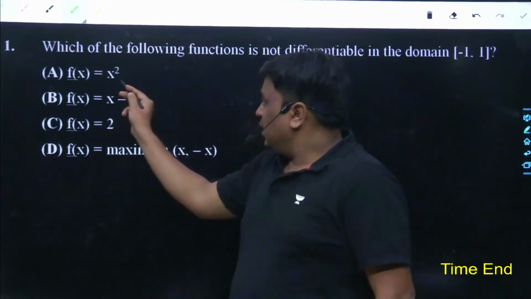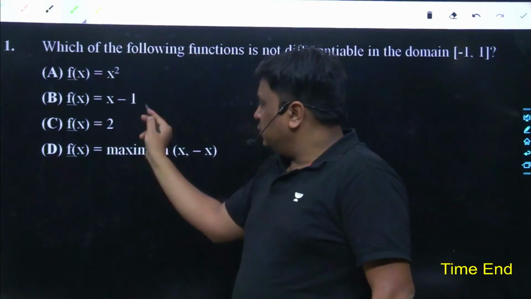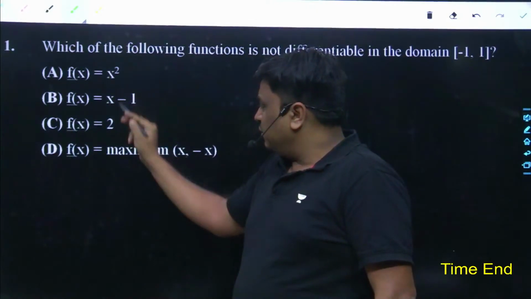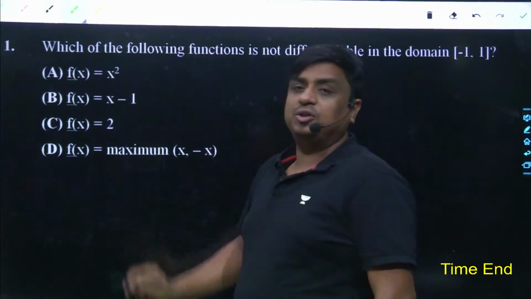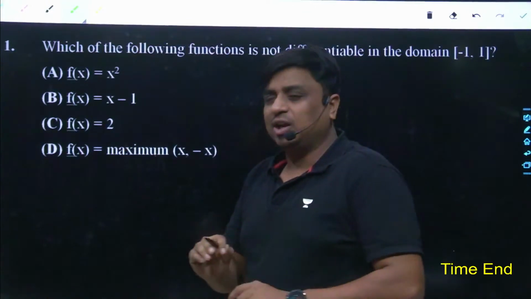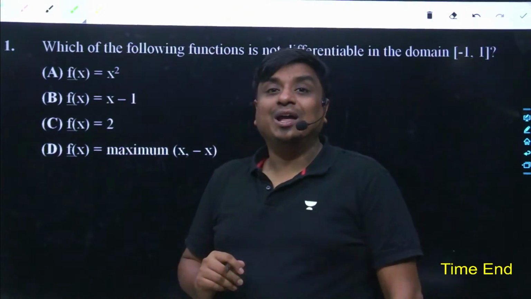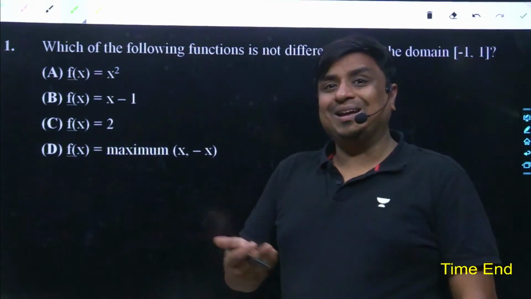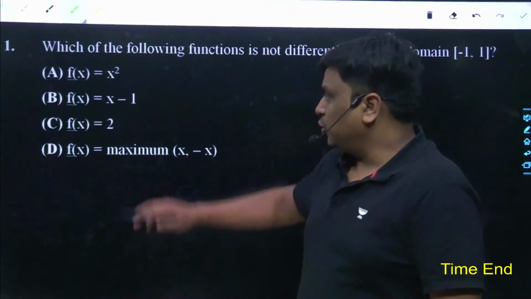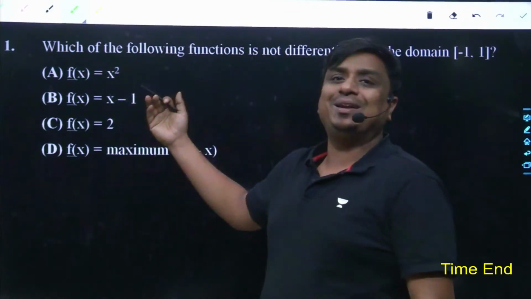This is a polynomial of degree 2, this is a polynomial of degree 1, and this is a polynomial of degree 0. So you need not give any second thought. Whenever you are dealing with a polynomial, there is no problem with differentiability, continuity or limits. So obviously options A, B and C are discarded.